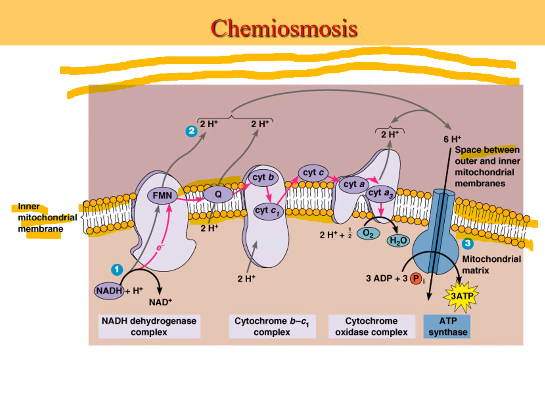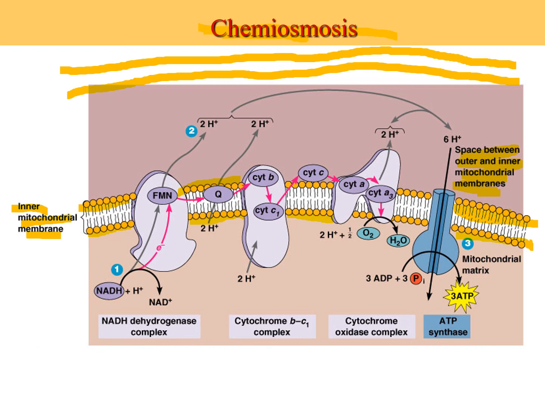This is the space between the inner and the outer mitochondrial membranes. Each of these proteins that are embedded in the inner membrane are involved in the electron transport chain. They are, in fact, the electron transport chain, and they're involved in the process of chemiosmosis.